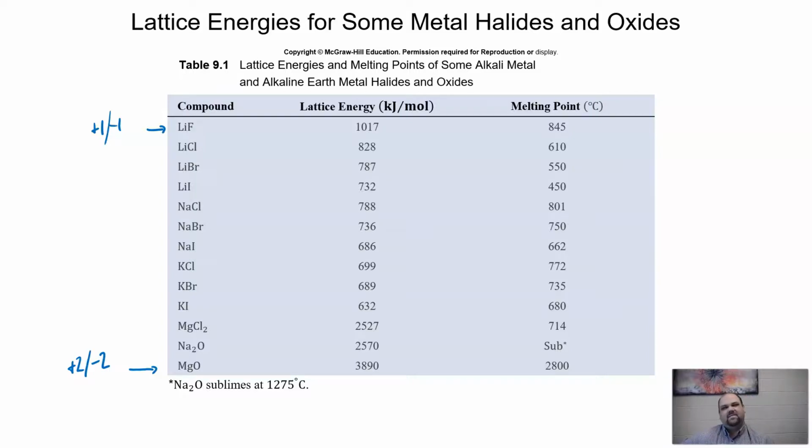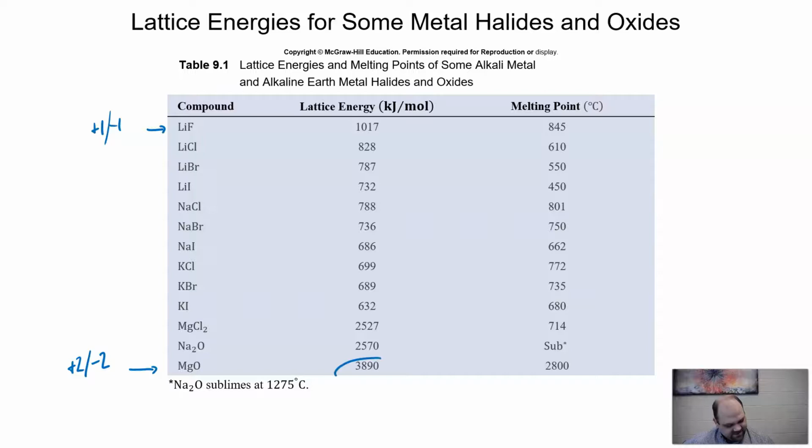At the top, Q plus times Q minus, 1 times 1 is 1. At the bottom, 2 times 2 is 4. So the electrostatic potential, that lattice energy, is 4 times greater. Yes, magnesium is a little bit bigger than lithium. Yes, oxygen is a little bit bigger than fluorine. But that distance piece is not as important to us as the charge piece.